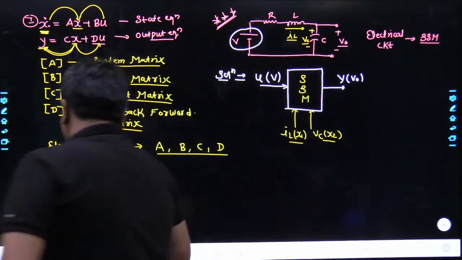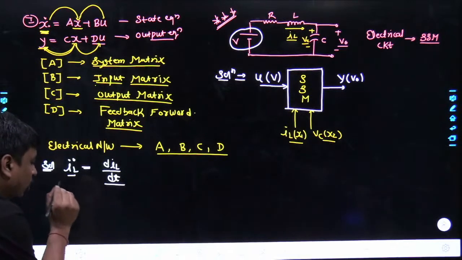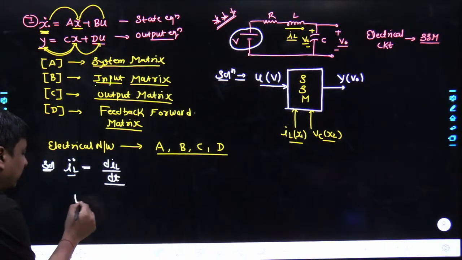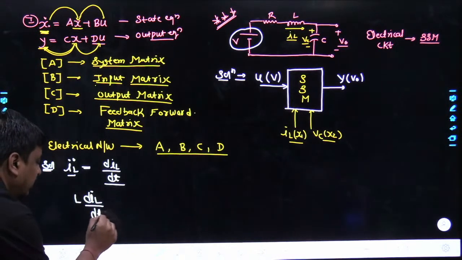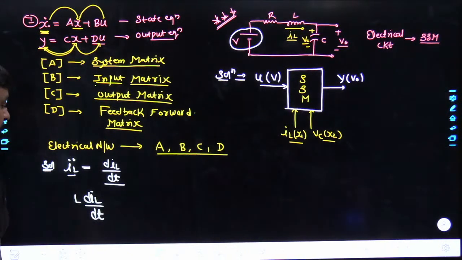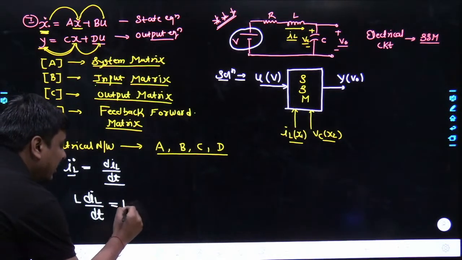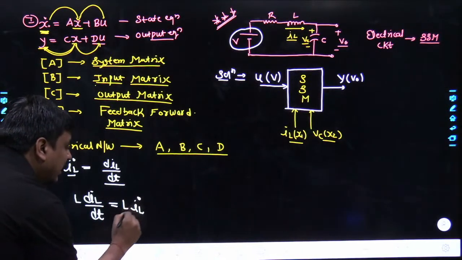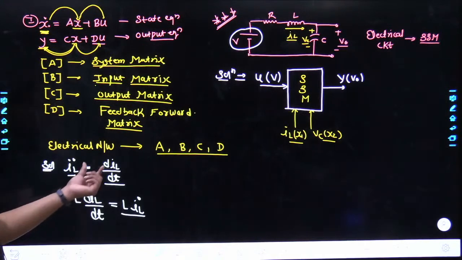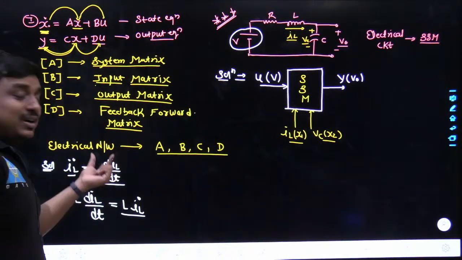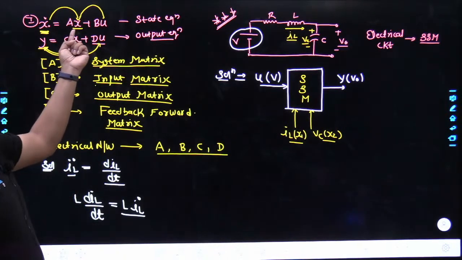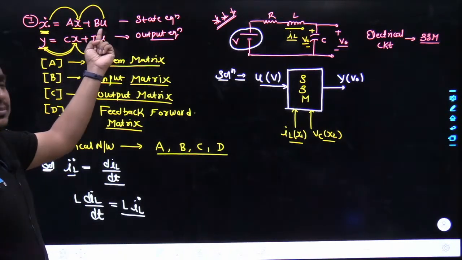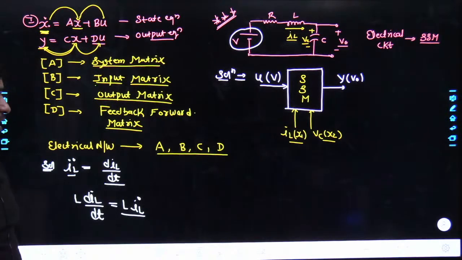You can see very well: the voltage drop across the inductor is defined as L times the rate of change of current across the inductor, that is L dIL by dt, which is nothing but L times IL dot. With the help of this formula, I can bring out dIL by dt, which is the IL dot, in terms of x, which is IL and VC, and in terms of u, which is V.